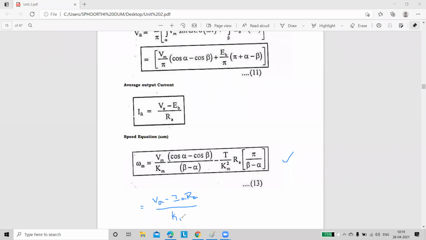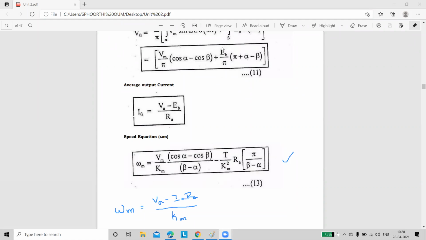All of you please see the screen carefully. Already we know that speed omega m is equal to VA minus IA RA by Km. And here, you know what VA is? VA is already calculated from the above equation 11: Vm by pi into cos alpha minus cos beta, plus EB by pi into pi plus alpha minus beta.